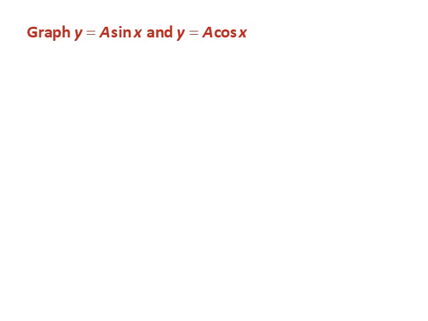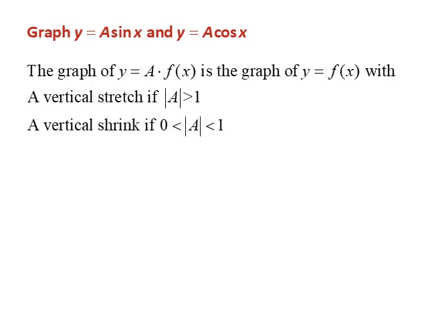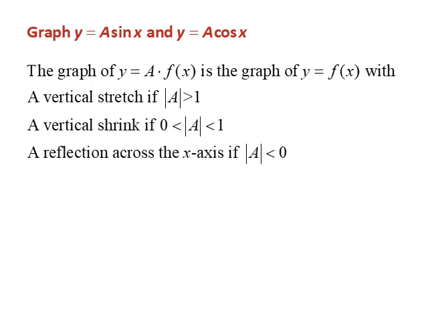Now we're going to add a little something to these equations that's going to alter our graph a little bit. And that is attaching some number, or multiplying some number, by sine or cosine. What this is going to do is stretch or shrink our graph vertically.